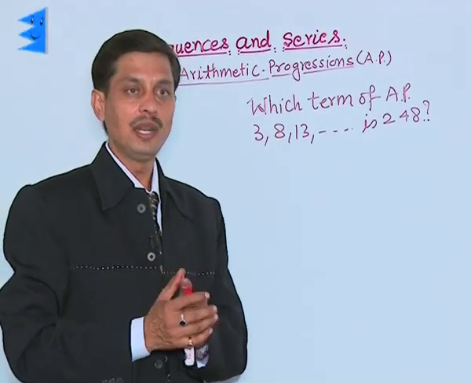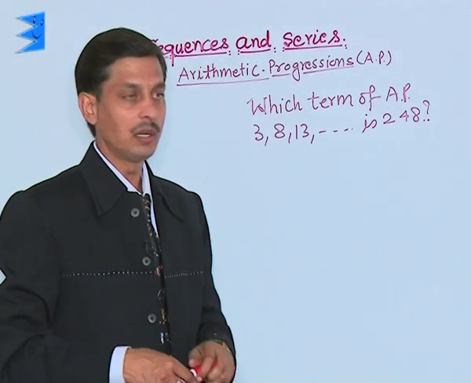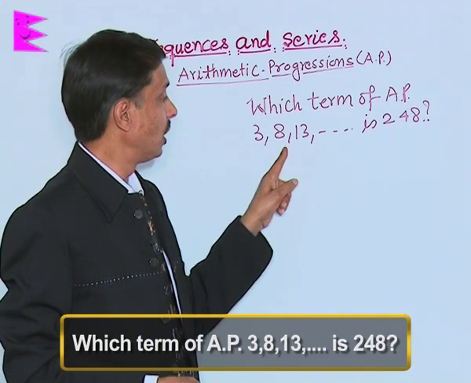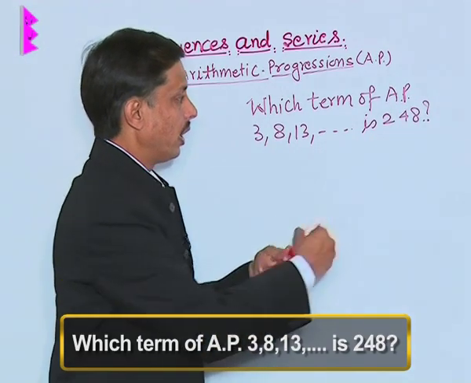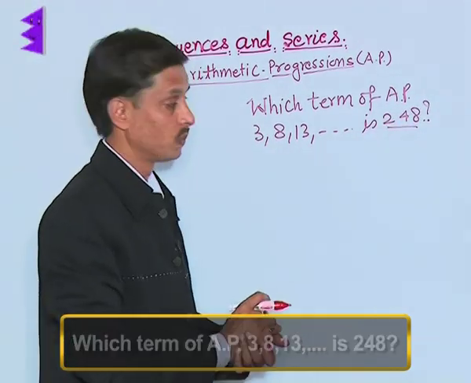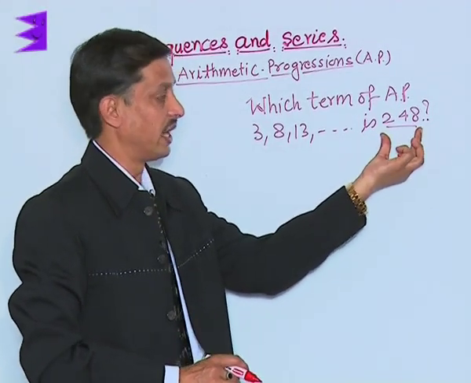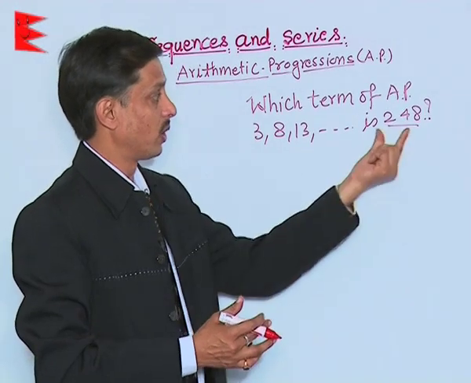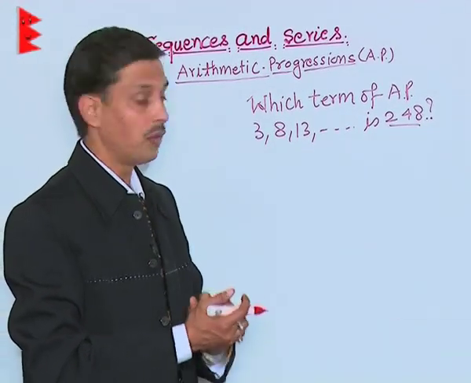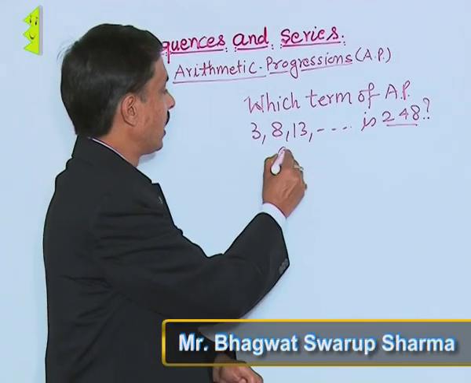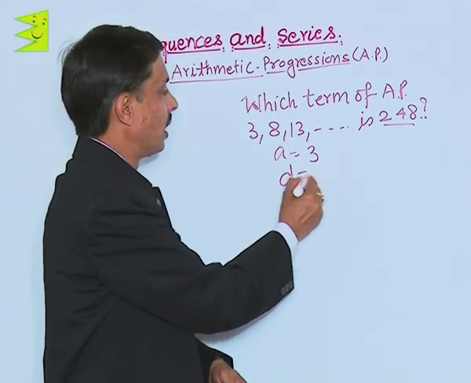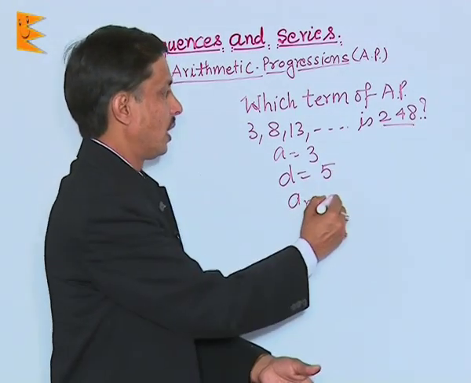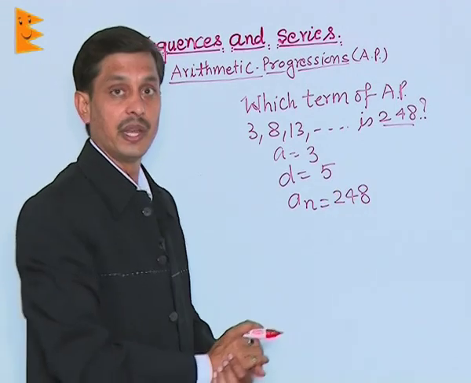Now one more example based on the general term. Which term of the arithmetic progression 3, 8, 13 and so on is 248? We want to decide on which position 248 will lie when we write this arithmetic progression further. Here a is 3, the common difference is 5, and the term whose position is required is 248.